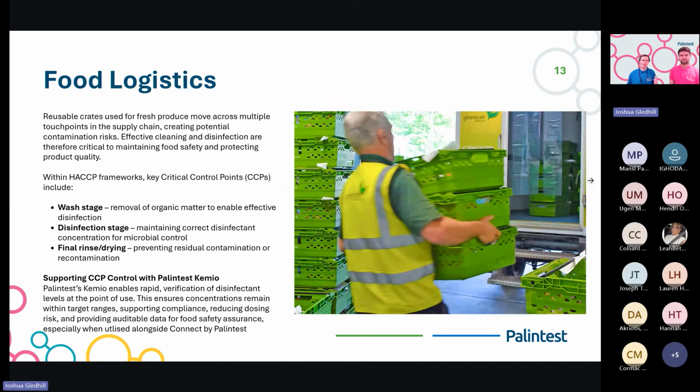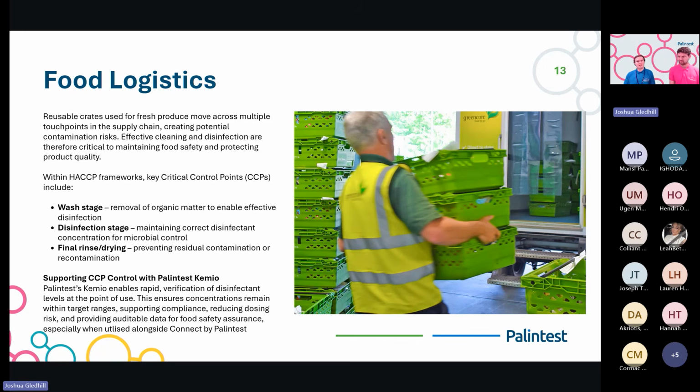So food logistics. I'm sure everyone's seen the crates used by the supermarkets to move produce up and down the country within the supermarkets themselves. That's really important that they are disinfected correctly, because obviously harmful bacteria from the food can potentially leach out onto those, and then if they're reused, could end up causing a food-related incident.